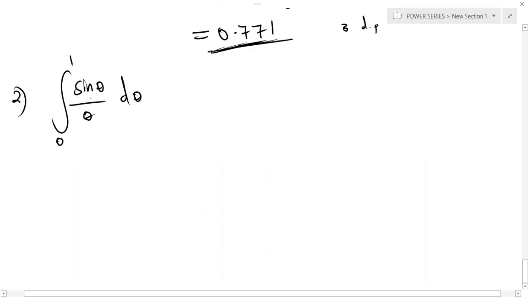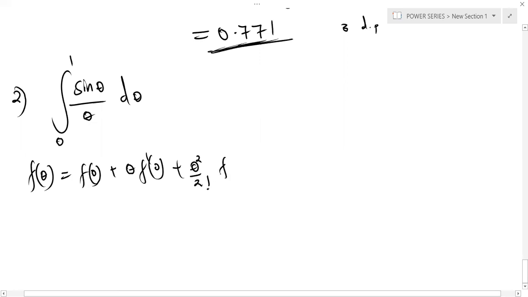So the best thing is to express the power series for sine theta and then bring it back here so that you can easily integrate. Now we already know that f theta is equal to f0 plus theta f prime of 0 plus theta squared over 2 factorial f double prime of 0 plus, which is basically the Maclaurin's series.